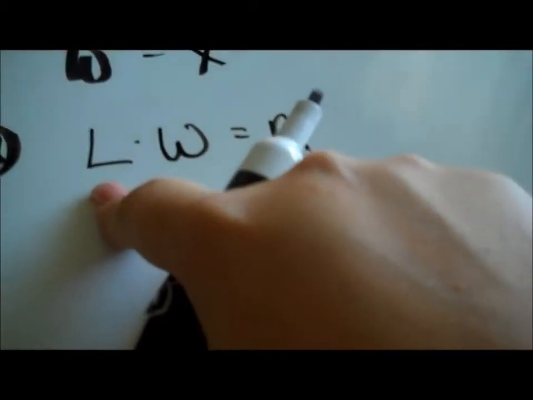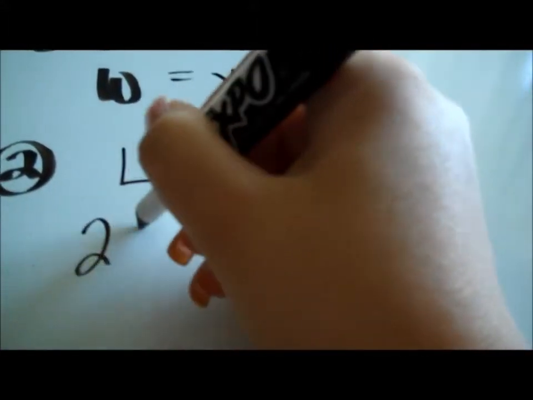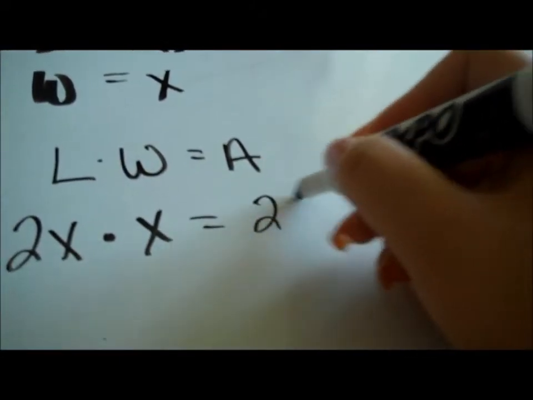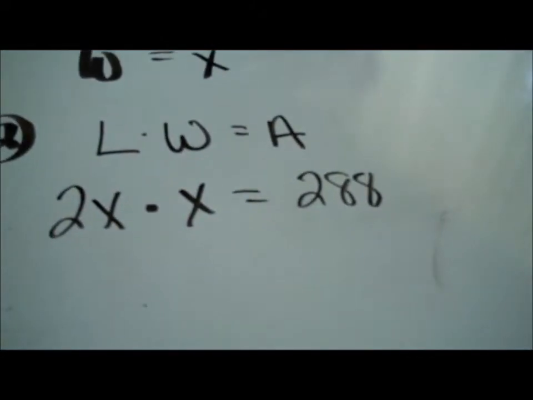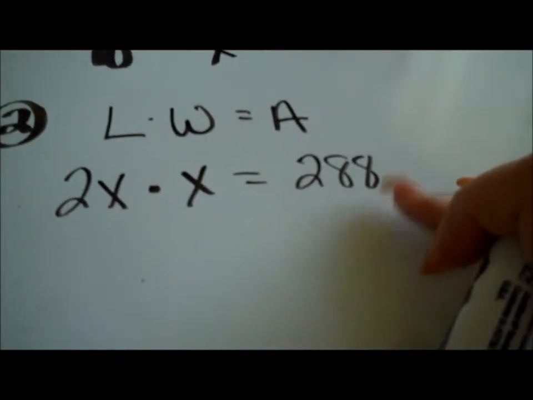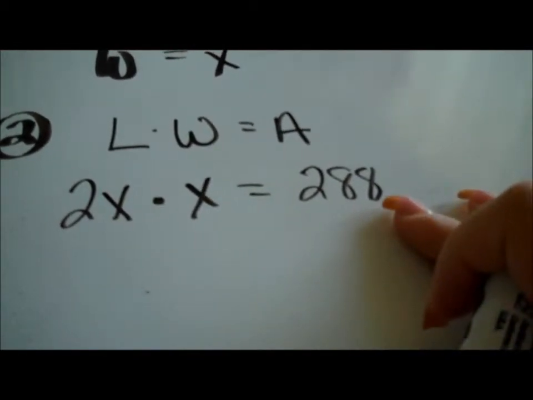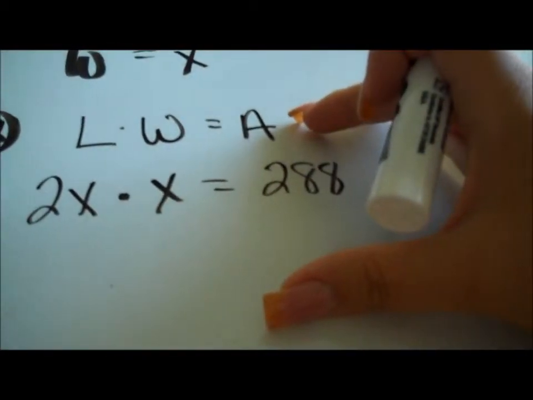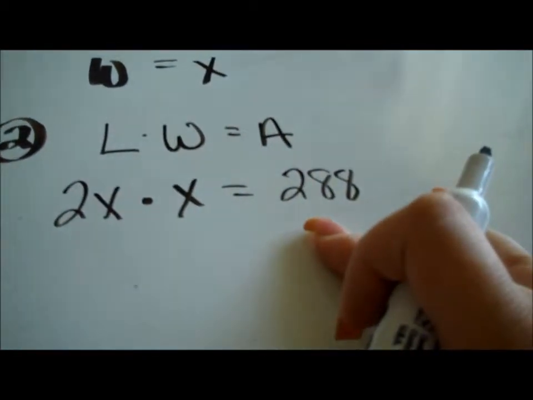Well, what's our length? Our length is 2x. My width is x. My area is 288. So again, this is step 2. This is just a skeleton equation here, but this is the equation I'm looking for.